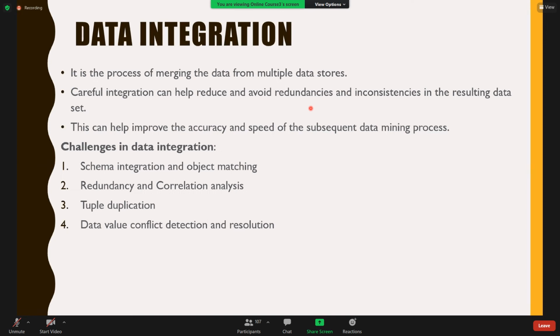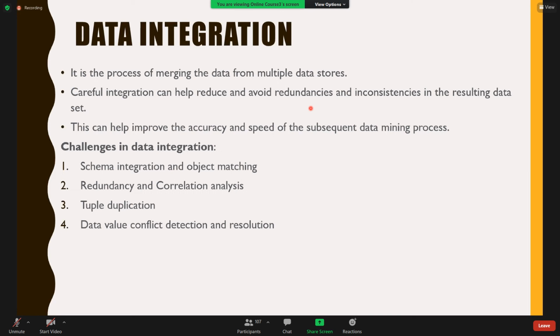Okay, so it's used for better decision making, as well as which improves the value of the business. So finally, our target is to find out the better mining results. Okay. Yeah, for getting that output, we need to pre-process the data. So data integration is one such step where we are collecting the data from multiple stores.